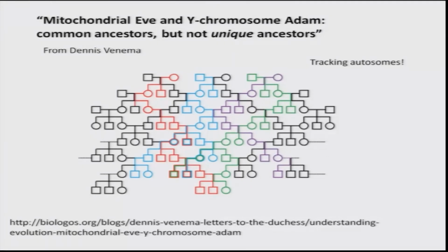So most of the studies where people try to understand population dynamics or population migration or population evolution, they have looked at the sequence difference in the Y chromosome and mitochondria and tried to link and come up with a hypothesis.